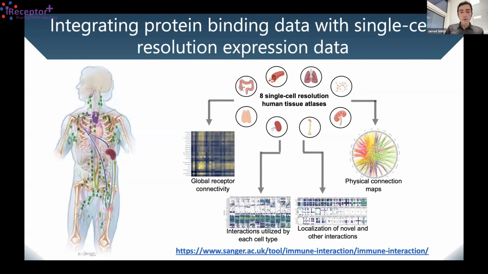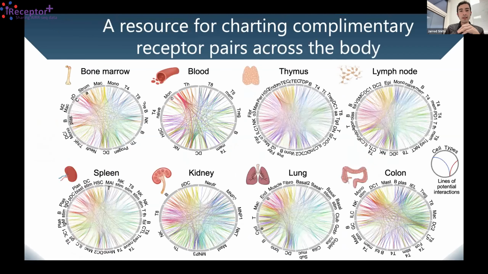We realized that created a really nice opportunity where we could take those resources, integrate them with our interaction maps, and then create this website down at the bottom, an interactive resource for the community where you can take tissues throughout the human body, look at their immune cells, look at the receptor connections between them, and see what cells are talking to each other more than others. It enables a range of analyses like that, at least as a global overview of that larger data set, to really provide this resource and all the things that you can do with it.